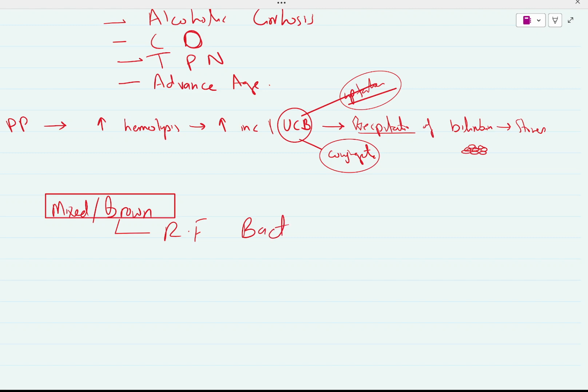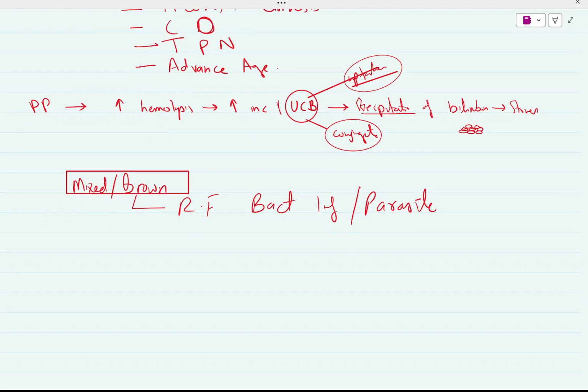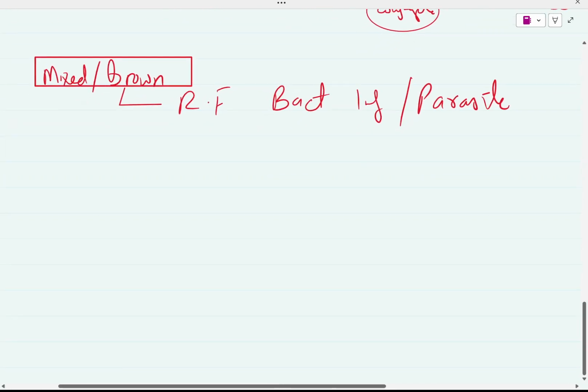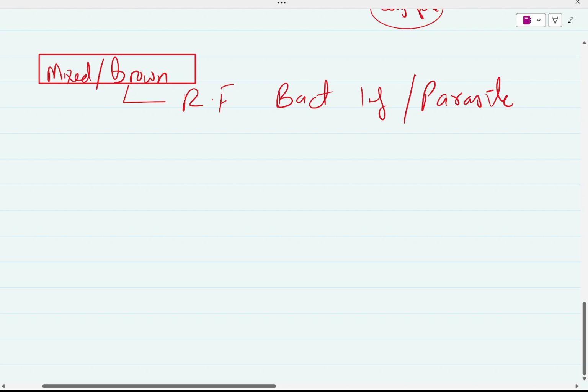We are going to study the pathophysiology in the next few minutes. So bacterial infections or parasites can lead to formation of mixed or brown pigmented stones. So what is the pathophysiology behind the formation of these stones? What will happen when there is infection or infestation?